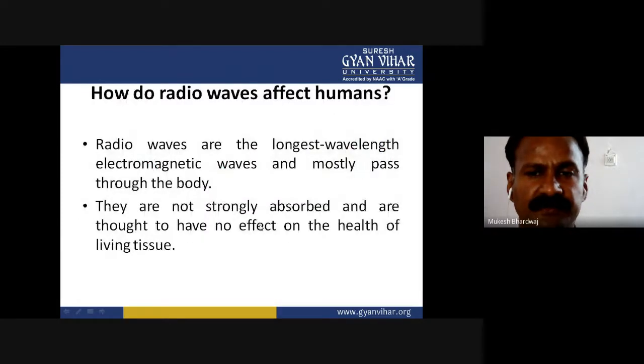Radio waves are the longest wavelength electromagnetic waves and mostly pass through the body. They are not strongly absorbed and are thought to have no effect on the health of living tissue.